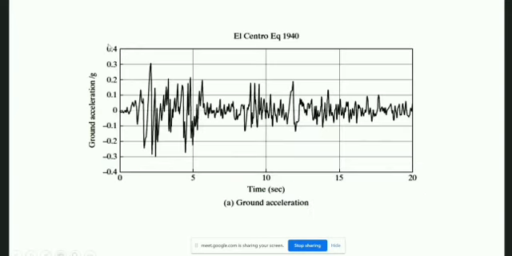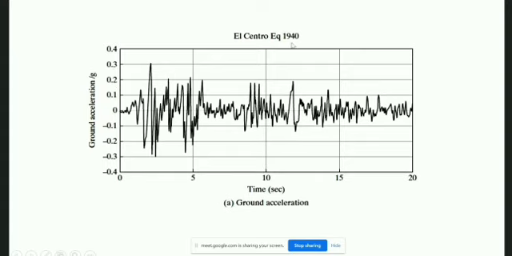if we look at a typical acceleration time history, the kind of history that will get recorded will be like this. In this direction, ground acceleration is expressed in terms of g. That means 0.1 means 0.1 g, 0.2 g, 0.3 g.